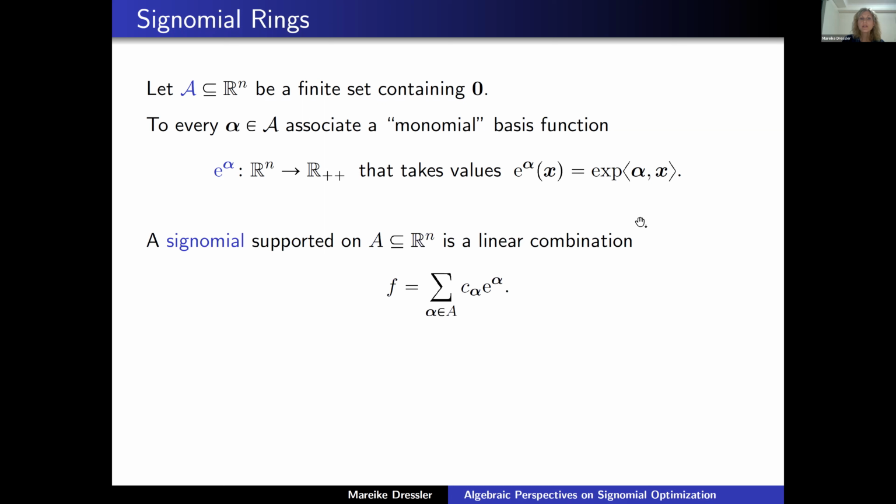And the signomial can then be interpreted as follows. So a signomial supported on a set A is describable as such a linear combination.